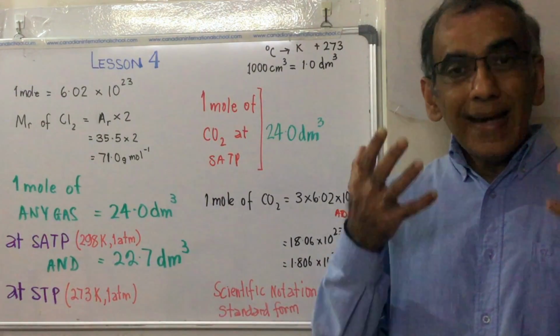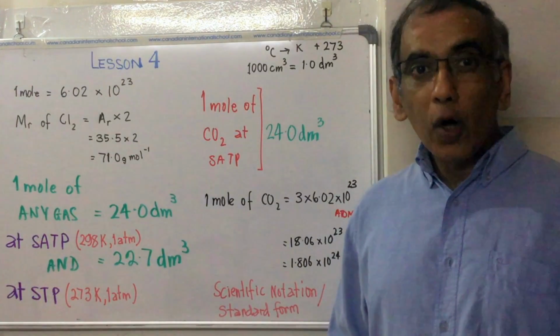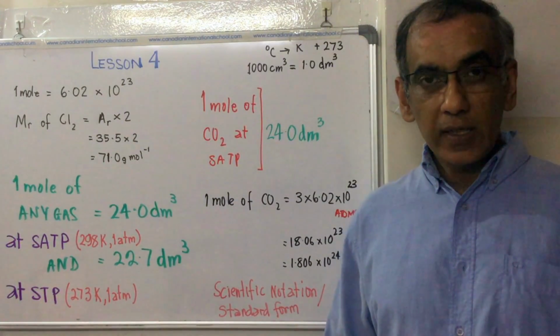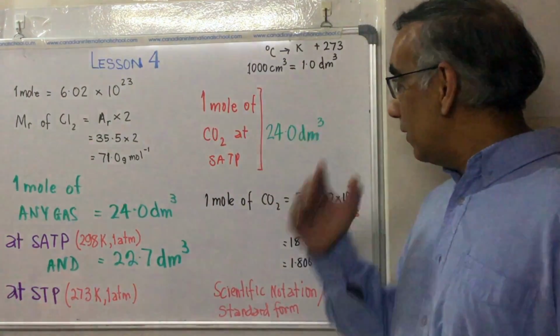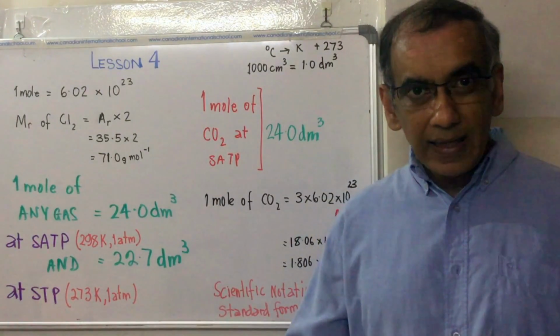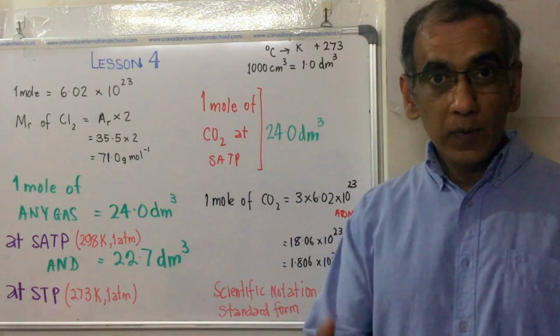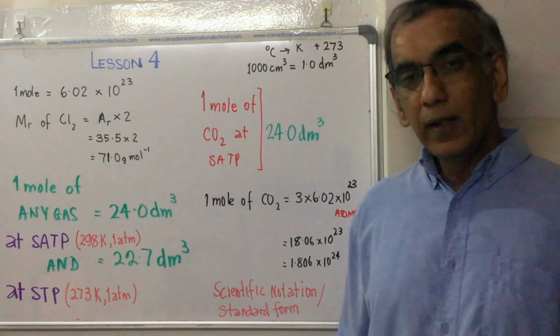But how many atoms would you find in 1 mole of carbon dioxide? If you had 24 dm³ of carbon dioxide gas at SATP, you know that you've got 1 mole.